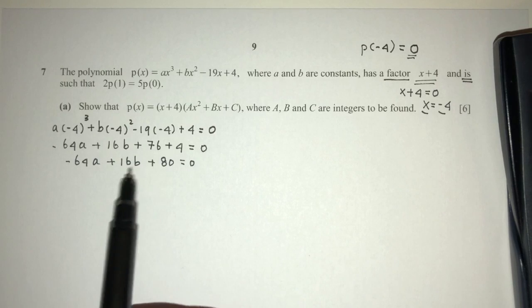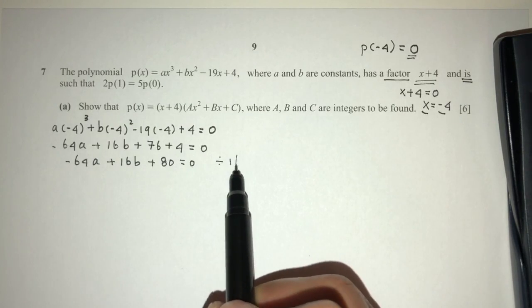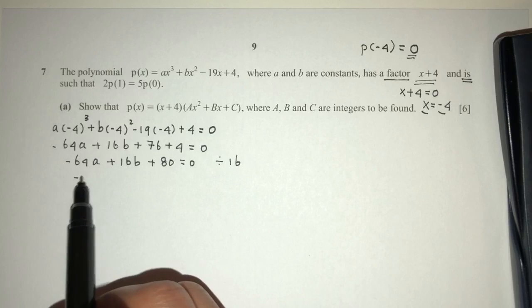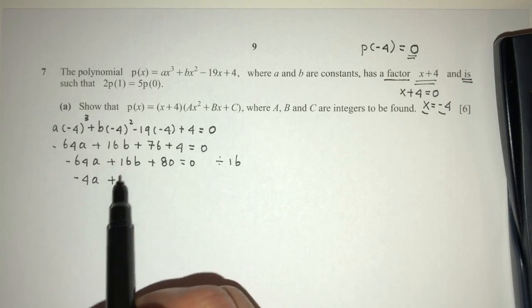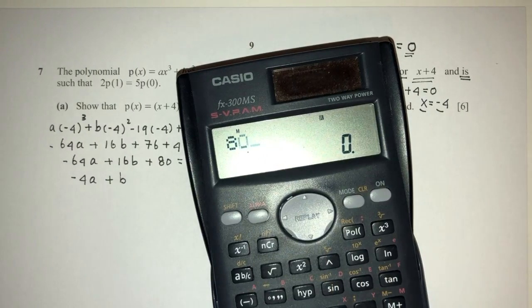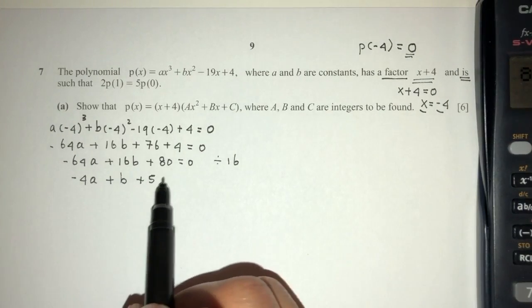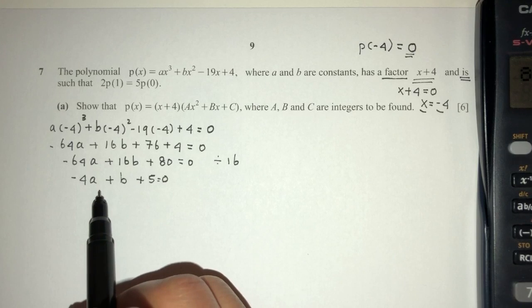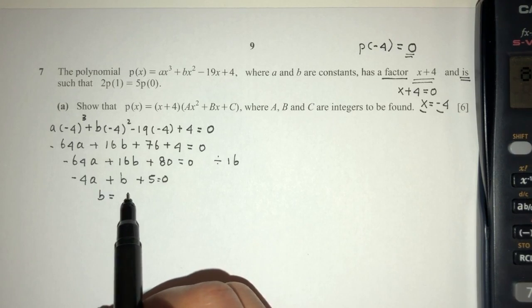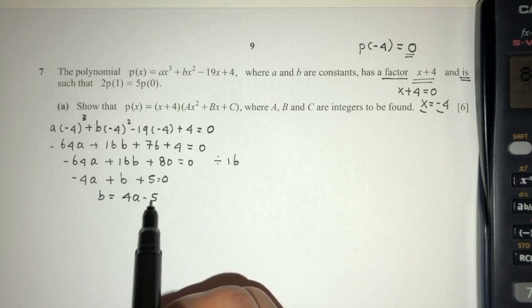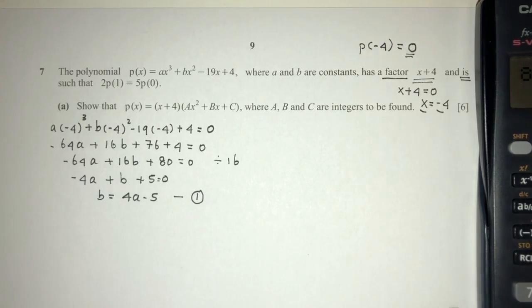Now we can simplify all this. We can divide everywhere by 16. So you will have minus 4a plus b. 80 divided by 16 will be 5. So plus 5 has to be 0. So our first equation will be b is equal to 4a minus 5. That is our first equation.